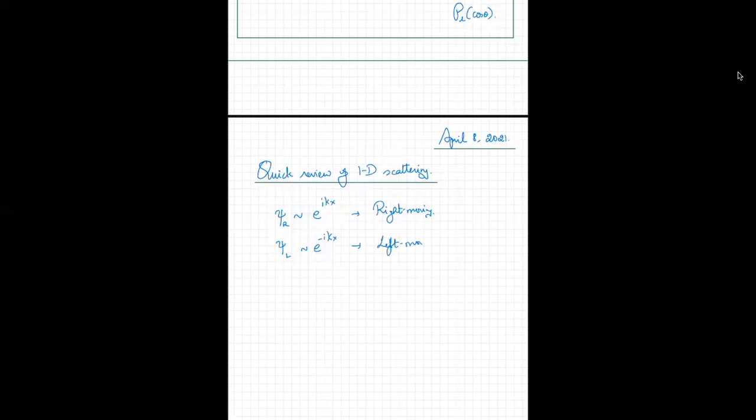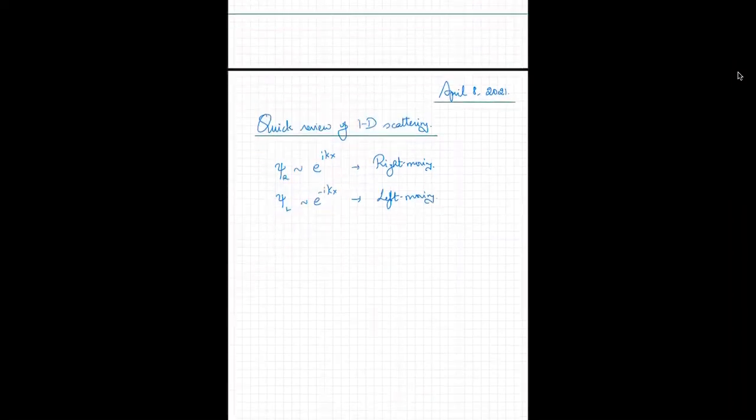Of course this is an abuse of notation, because e to the ikx doesn't really tell you anything about which way the wave is traveling. To know that, you have to put in the time dependence.